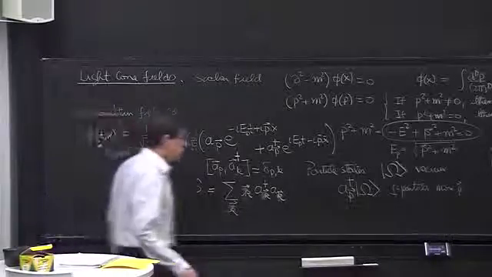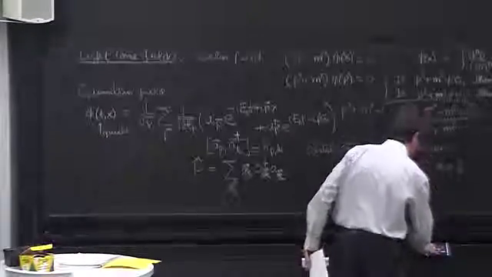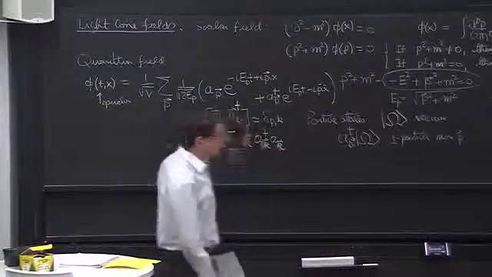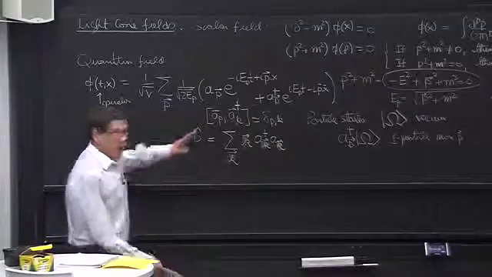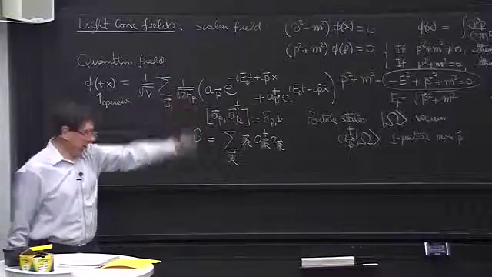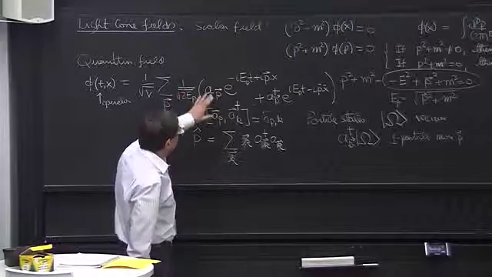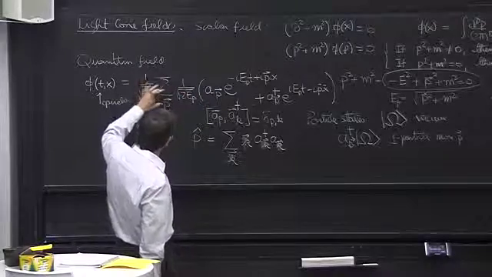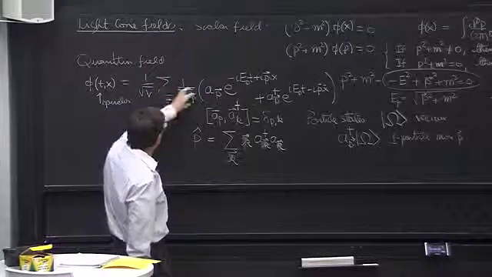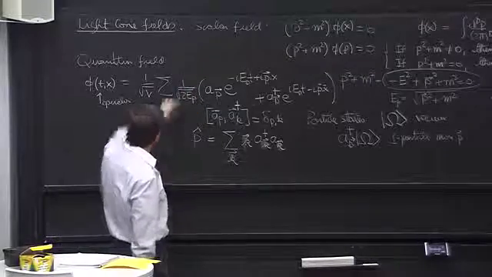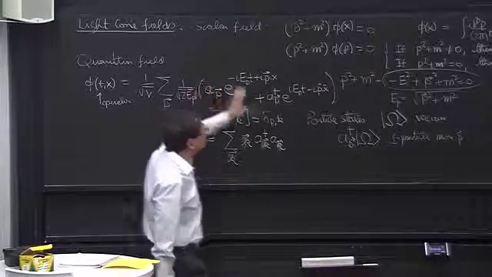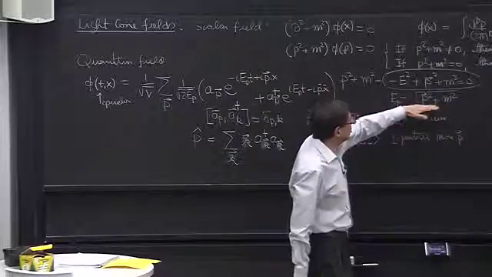In the light-cone gauge, which is where we're heading to, we change one little thing. Here, all the labeling is done with the spatial momenta, and the energy associated to that spatial momentum is fixed by the on-shell condition.